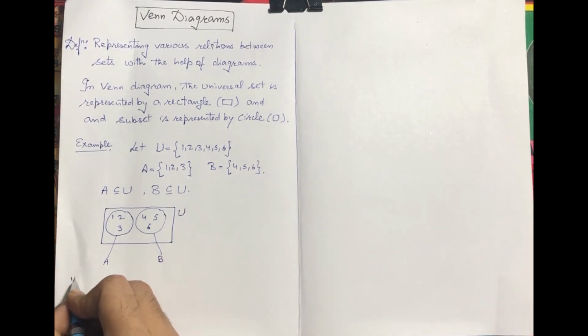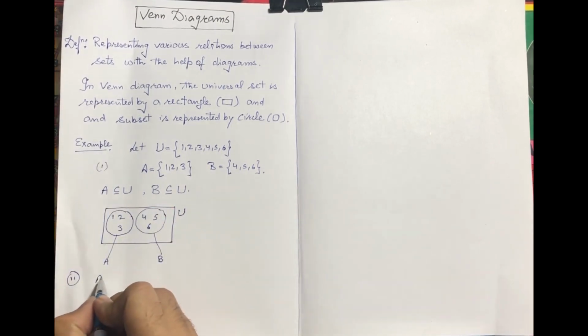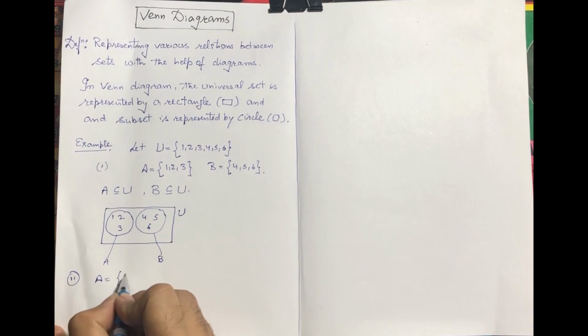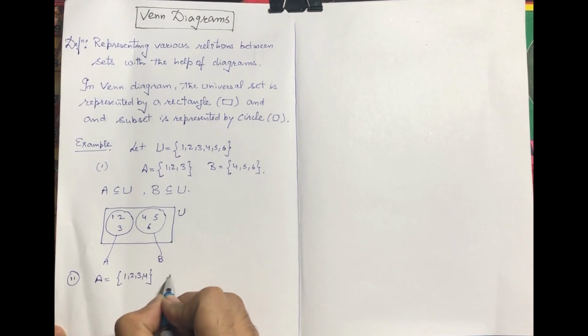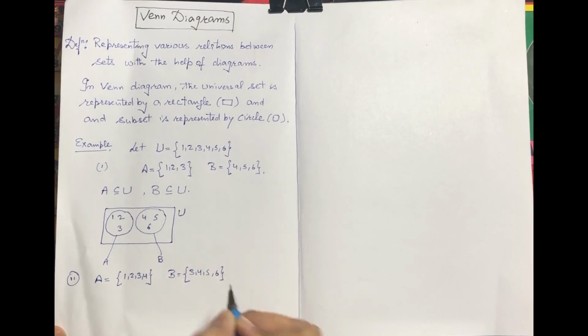In the second case, let this be case 1. Now let A be equal to 1, 2, 3, 4, and B be equal to 3, 4, 5, 6. So what will be the relation now?